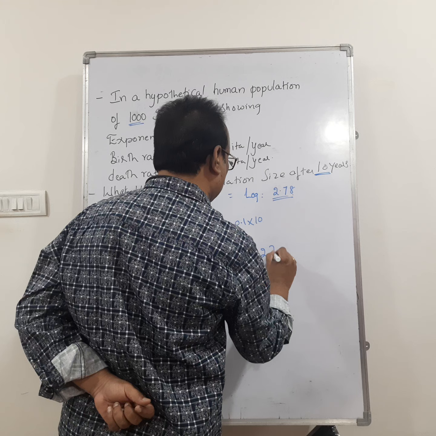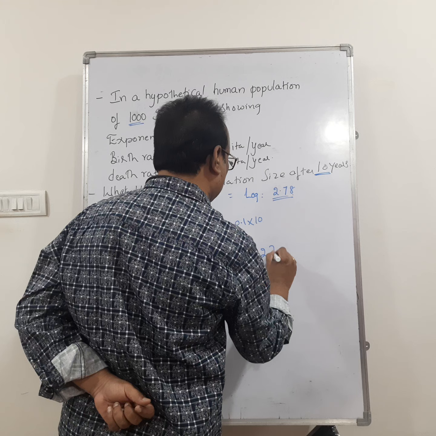Initial population is 1000 individuals. So Nt = 1000. What is e? e is the base of the logarithm, that is 2.78. So what is r? r = b minus d, that is 0.2 minus 0.1, that is equal to 0.1.